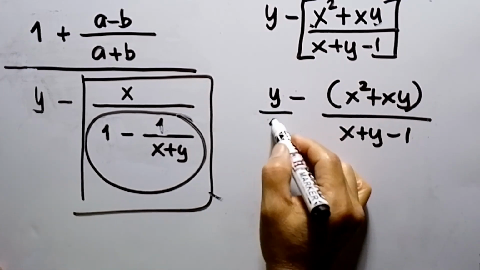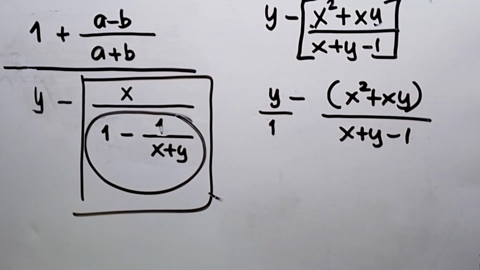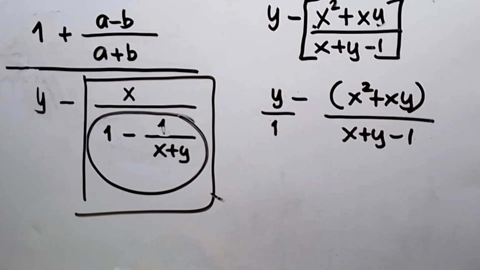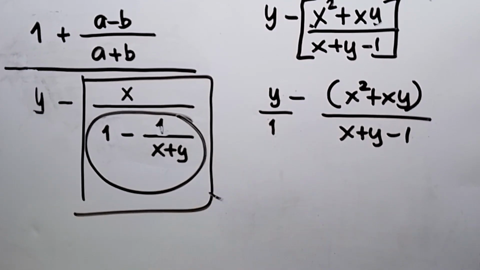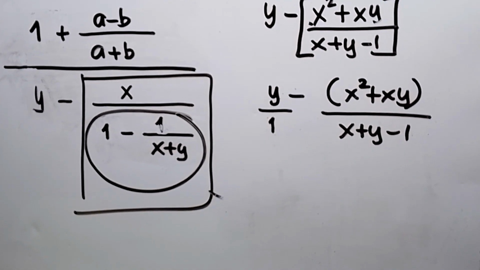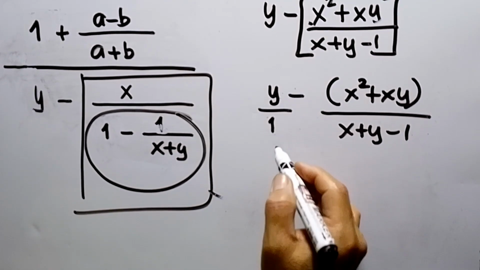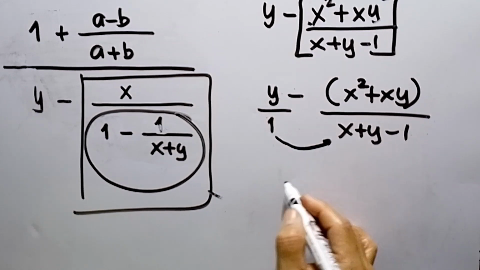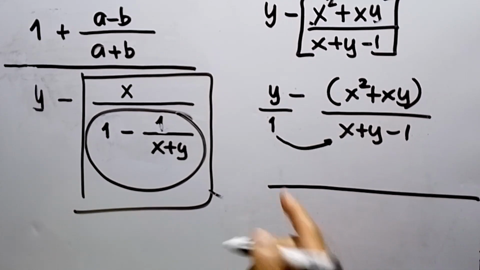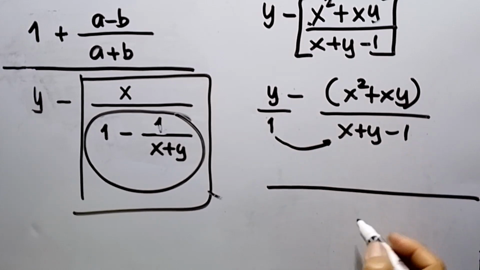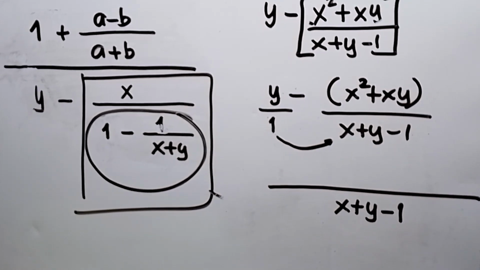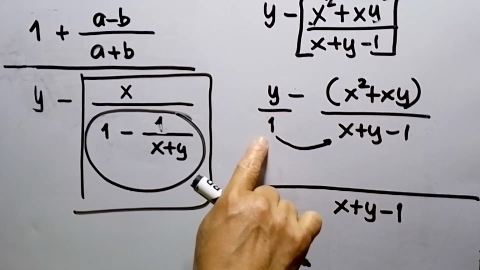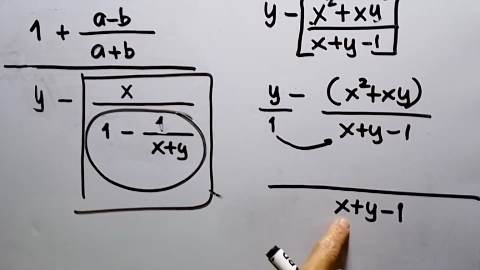So I will put 1. That will serve as my divisor or my denominator. So I need to find my LCD. LCD will be 1 times x plus y minus 1, which is x plus y minus 1. And then LCD divided by 1, that will be this one.